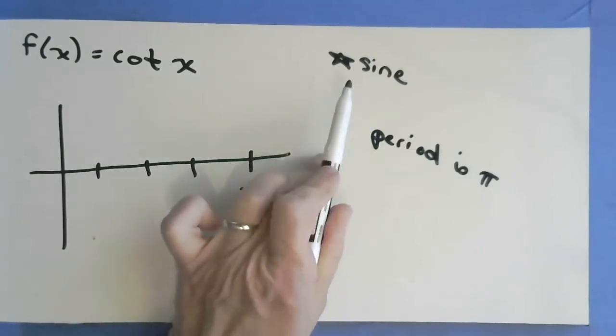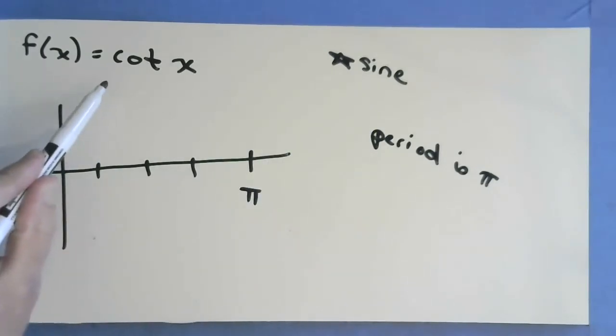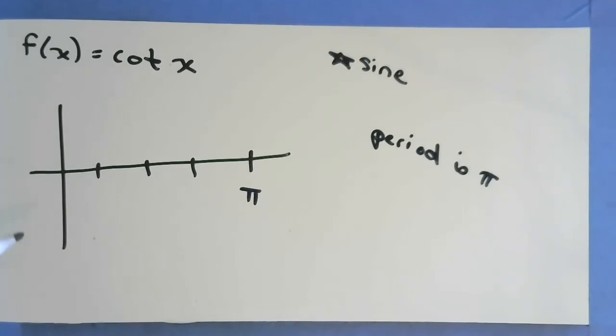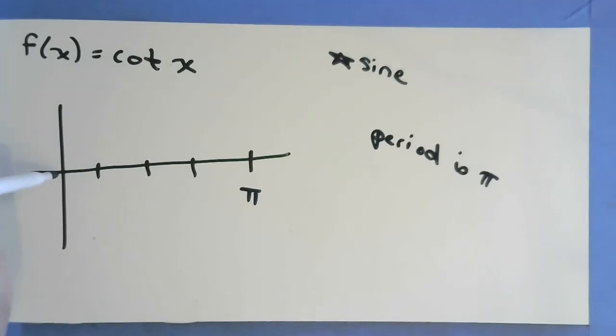And we also recognize that sine is in the denominator of cotangent. So our 5 key points are similar to those of sine, and we want to recognize how they compress into the period from 0 to pi.